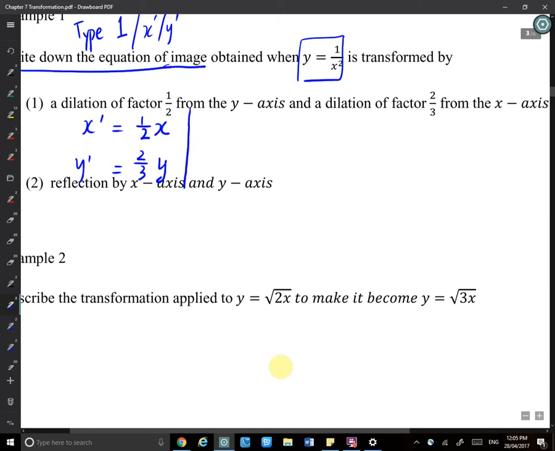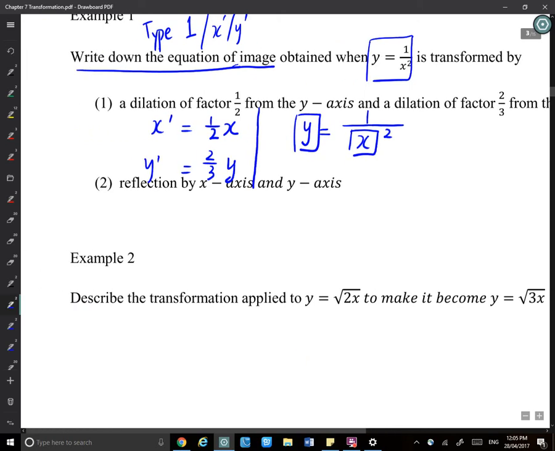The equation you have is the original equation, y equals 1 over x squared. So you need x and y to be the subject. So x equals 2x dash, and y is 3 over 2 y dash.